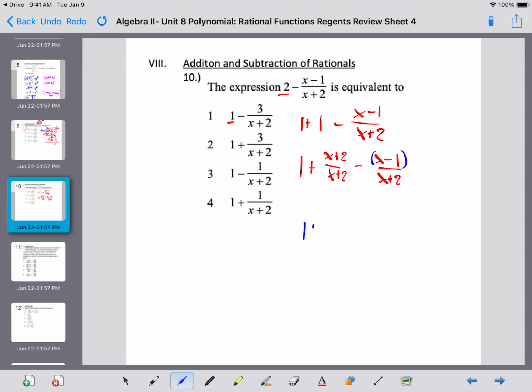So, 1 plus x minus x would cancel out. 2 minus negative 1 would be 3. So you have 1 plus 3 over x plus 2. And that's your answer.